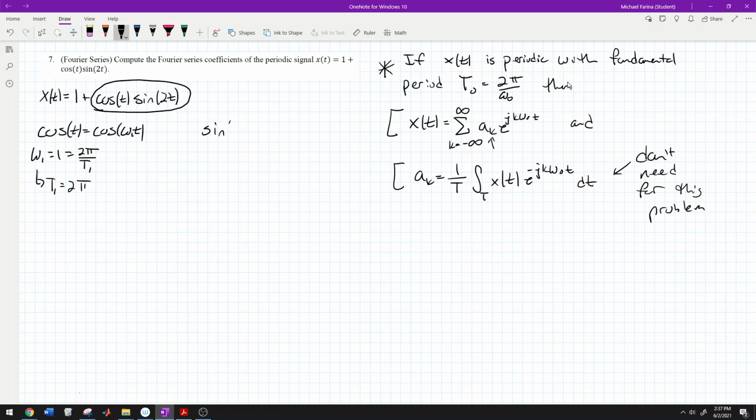And sine of 2t is equal to sine of omega sub 2 of t. Then omega sub 2 is equal to 2, and that's equal to 2 pi over t sub 2. And t sub 2 is going to be 2 pi divided by 2, so we get pi.